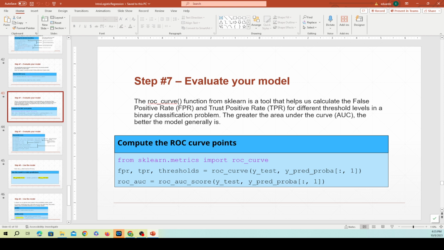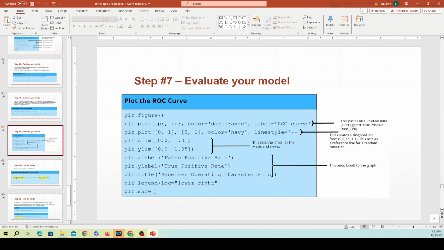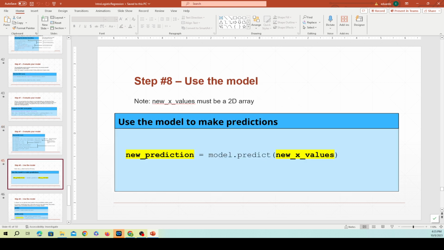Then it's going to spit out the FPR and the TPR, which is from the graph that we showed you before, and then the threshold. The ROC AUC score takes Y test, Y prediction, and so on. This is just to evaluate our model, to show the drawing of the ROC, and then the model prediction using the new X values, or the X training data.